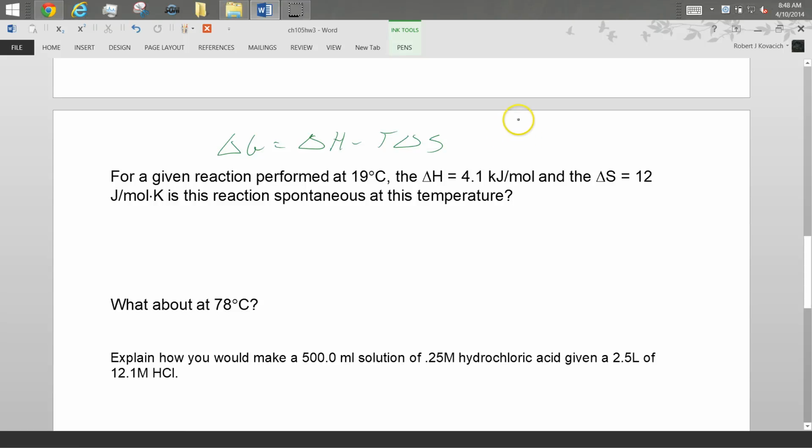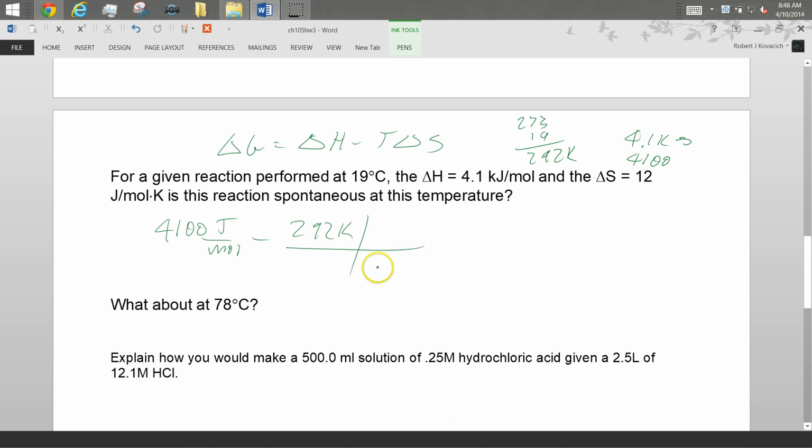So, and 19, so 292 K, and then I can make this 4.1 K turn into 4100. All right, so I'm gonna put 4,100 joules per mole minus 290 K, and I've got 12 joules per mole K. The K's cancel out.